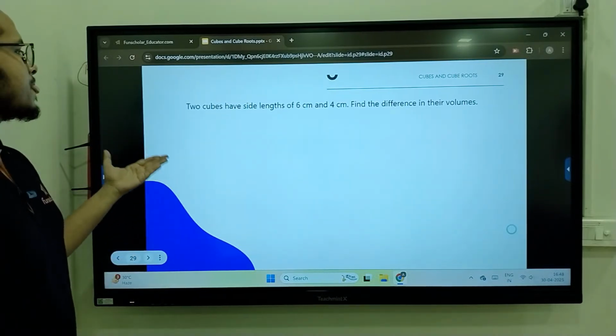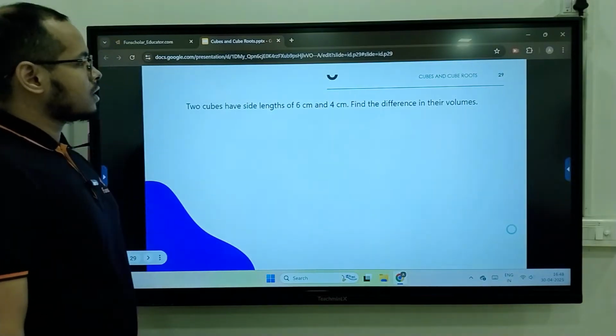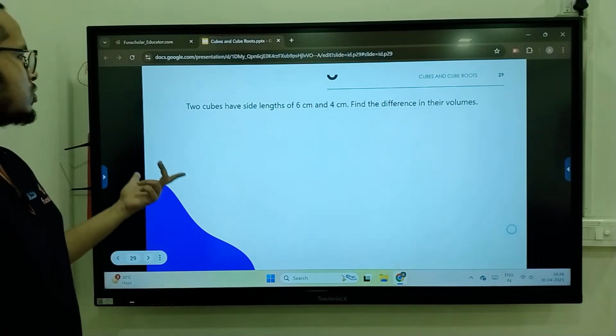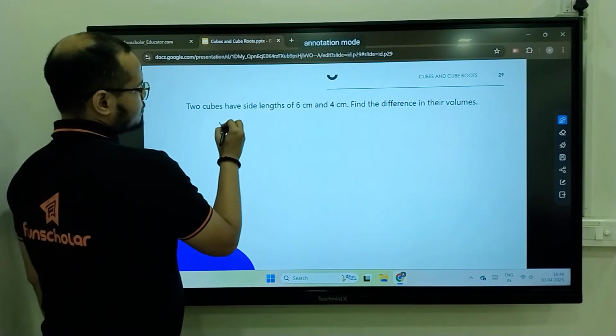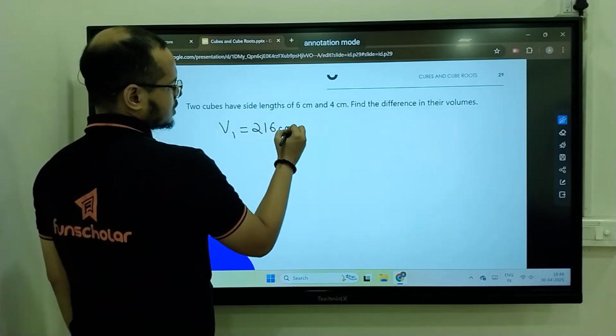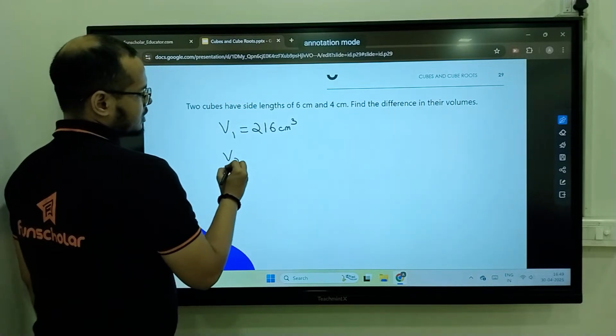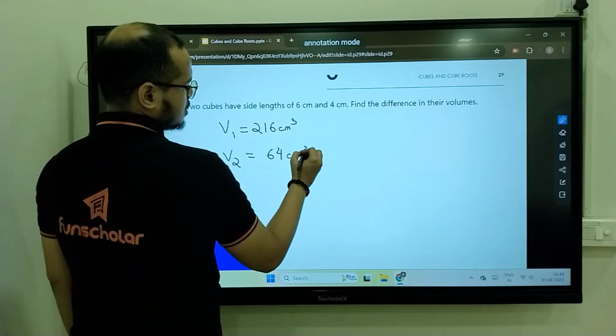Now, next sum. Two cubes have side lengths of 6 centimeter and 4 centimeter. Find the difference in their volumes. Again, similar type of sum we have just solved. The volume of the first cube is nothing but 216 centimeter cube. Volume of the second cube is nothing but 64 centimeter cube. Difference.